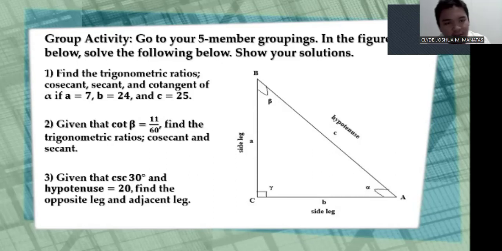Let's check. For number one: find the trigonometric ratios cosecant, secant, and cotangent of alpha if A is equal to 7, B is equal to 24, and C is equal to 25. What is the cosecant?